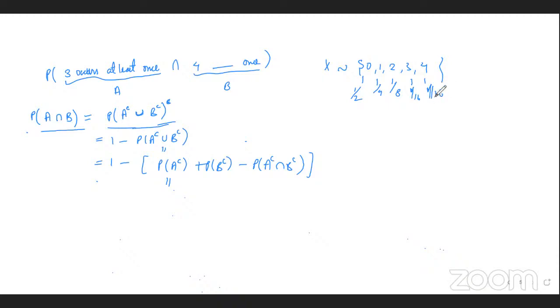So we have to find probability of A complement. It means that A is 3 occurs at least once, so we have to find the probability that 3 doesn't occur. So what is the probability of 3? Probability of occurrence of 3 is 1 by 16. But we have to find A complement, so that will be 1 minus 1 by 16, which is 15 by 16.